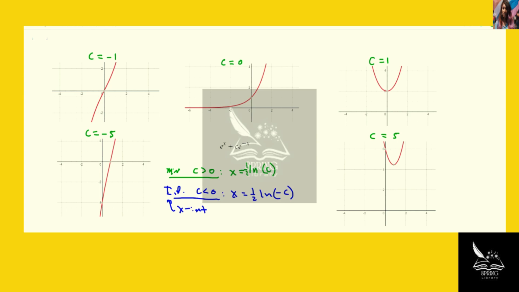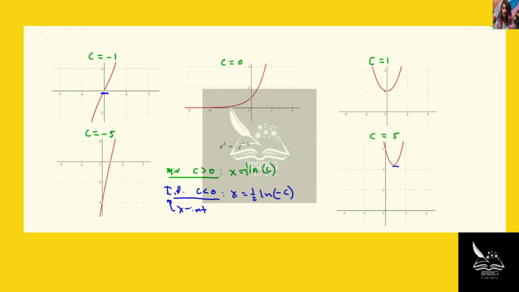And as c increases, so does the x value, so the minimum shifts to the right. We're not going to have any inflection points when c is bigger than 0, but we can come to the other side to see our inflection point change. When c is equal to -1, we'd get natural log of 1, which is 0. So at x equal to 0, we have this point of inflection.